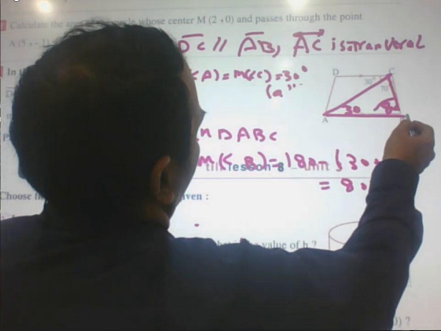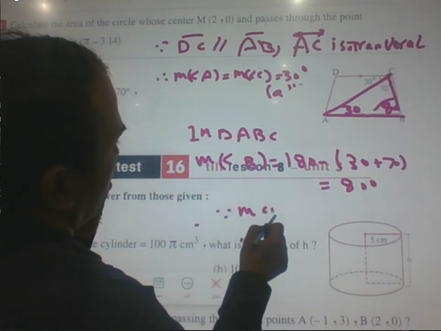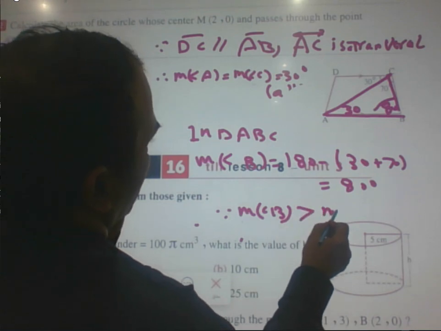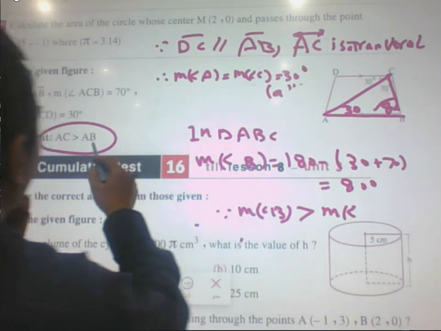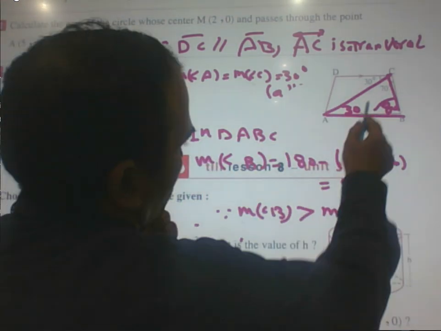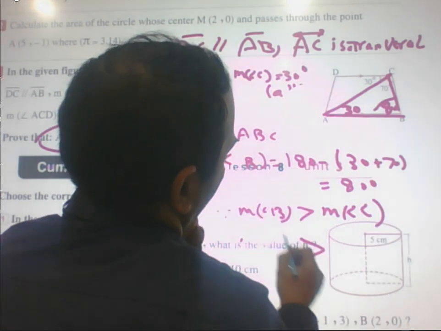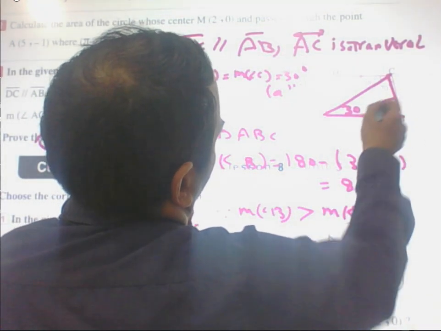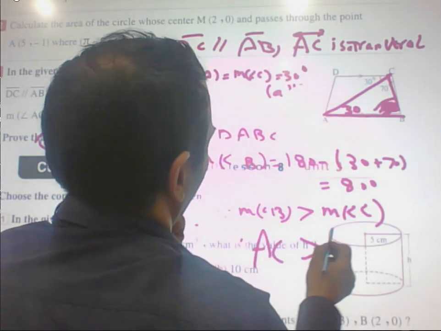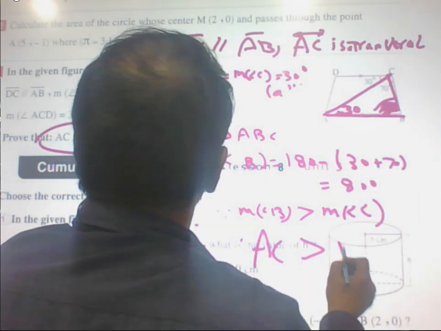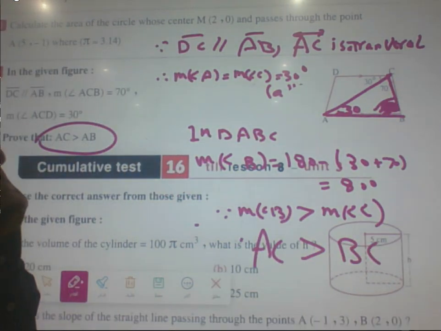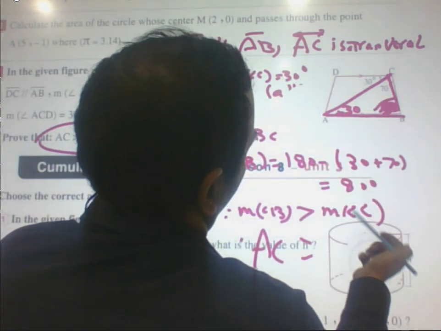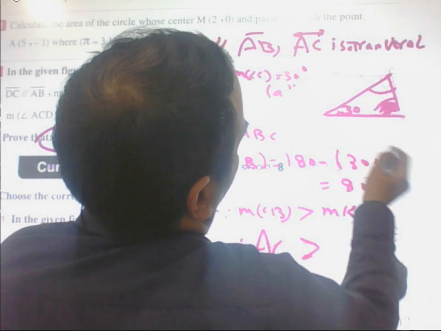AC is opposite angle B, and the measure of angle B is greater than the 80 degrees. And AB is opposite 70, the measure of angle C. Then angle B here is opposite AC, and angle C is opposite AB.